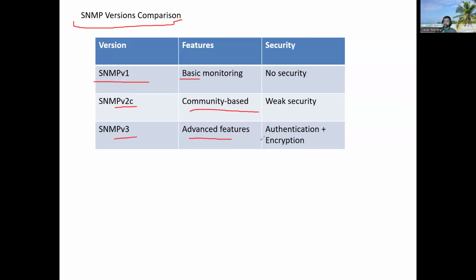With basic monitoring in version 1, we basically have no security. With version 2, we have weak security, called community based. And finally, we have version 3, which has the advanced features, with authentication plus encryption.